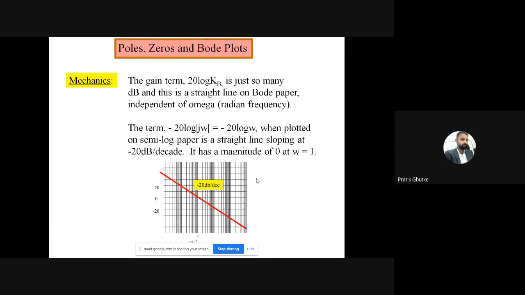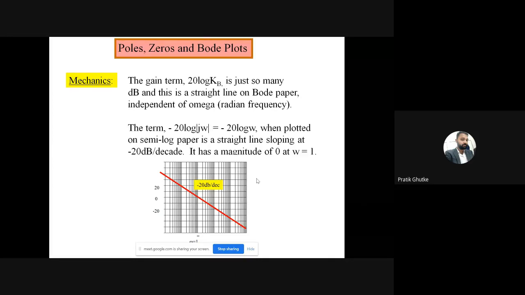If any pole at origin occurs in your transfer function, meaning a single s term in the denominator, then my Bode plot will go with a straight line of minus 20 dB per decade. When a pole comes, my slope will increase by minus 20, and then minus 20. If I am having one pole at origin, then the slope will be drawn at minus 20 dB per decade.